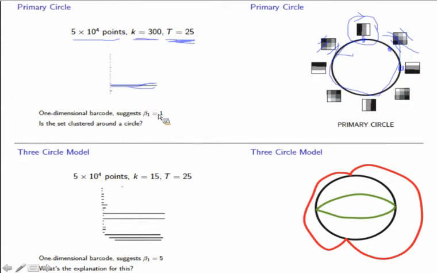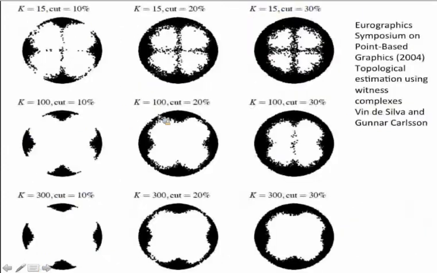and so that makes sense if I go back in terms of this was k equals 300 and t equals 25. So k equals 300, it'd be something around here. So we'd be getting one of these particular pictures.